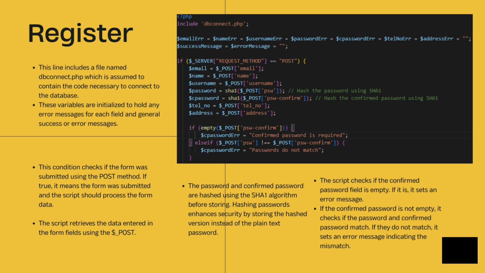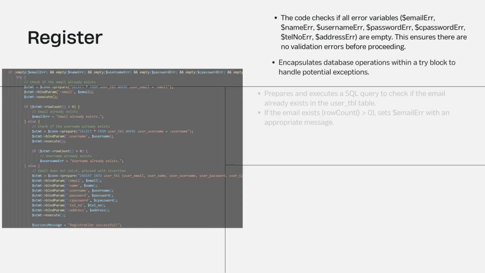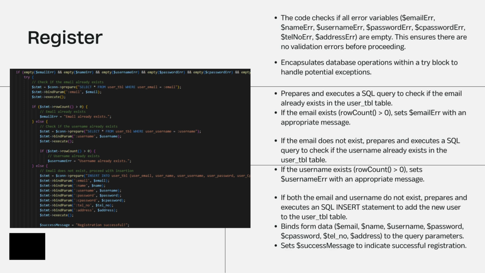For the validation, we check if the confirmation password is empty. If so, we set an error message. Then we check if the password and confirm password match or not. If not, we send an error message. Next, in register.php, we also use code to check if there is an error in any of the variables before proceeding.